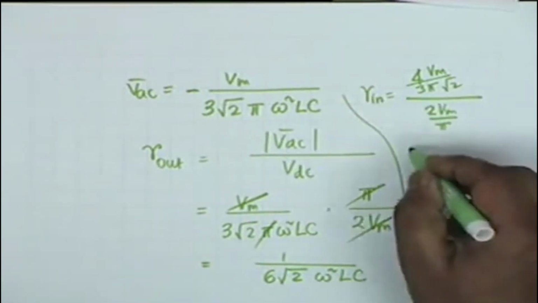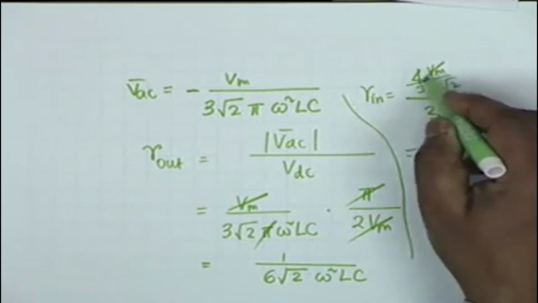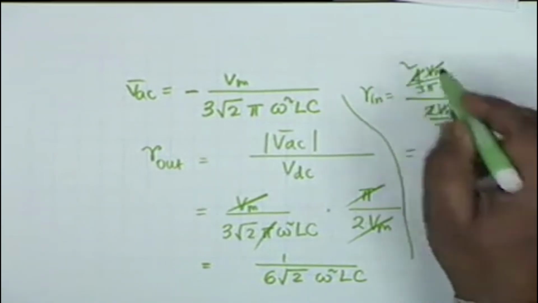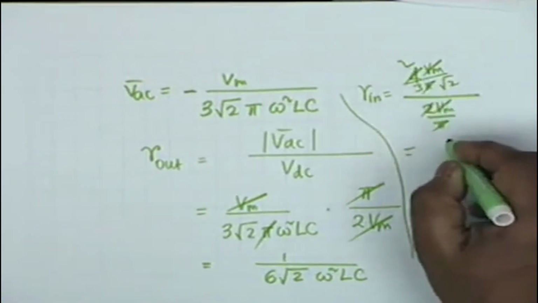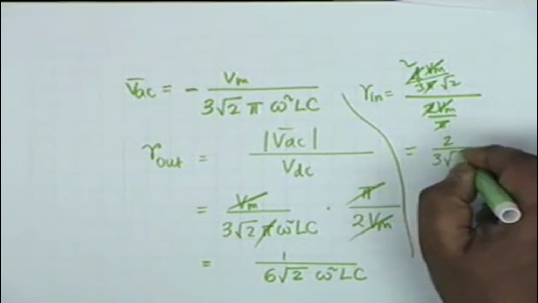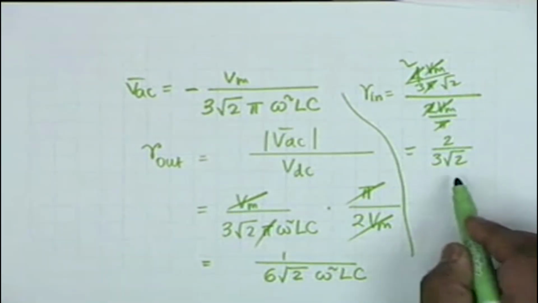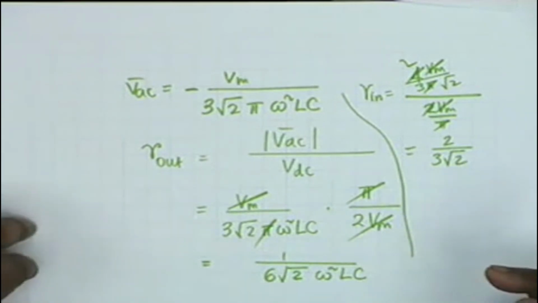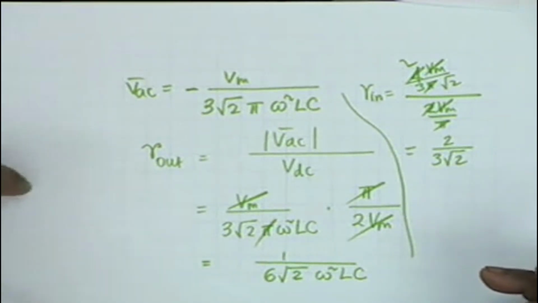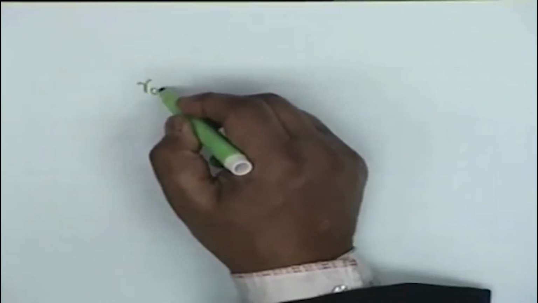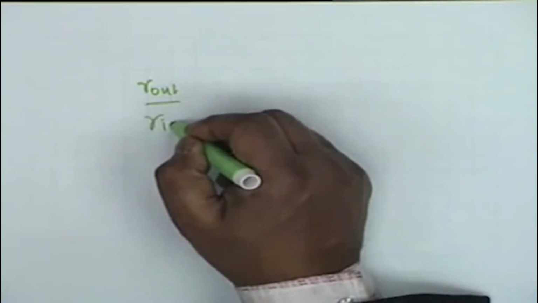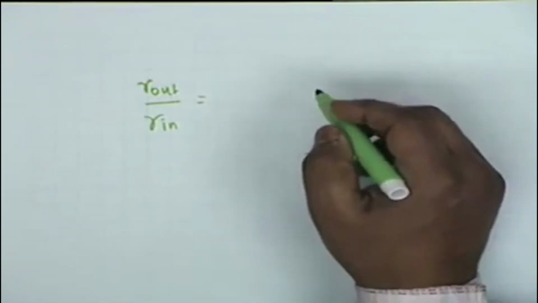What is this equal to? Vm, 2 and 2, pi cancels, so 2 by 3 root 2. Now compared to this, let's find out the improvement factor, R out divided by R in, the ratio of the two ripple factors.